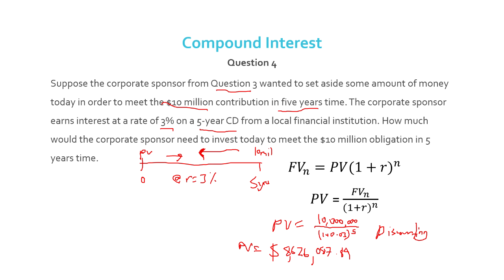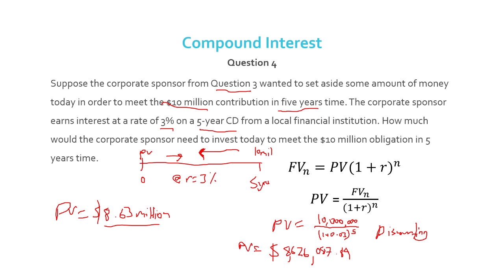So approximately 8.63 million is what is going to be needed to set aside today in order to get $10 million in 5 years' time at that 3% interest rate.